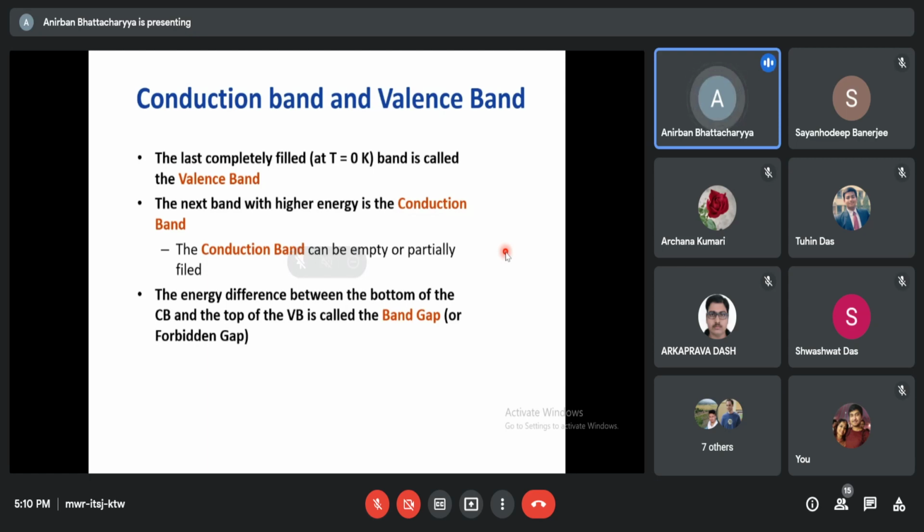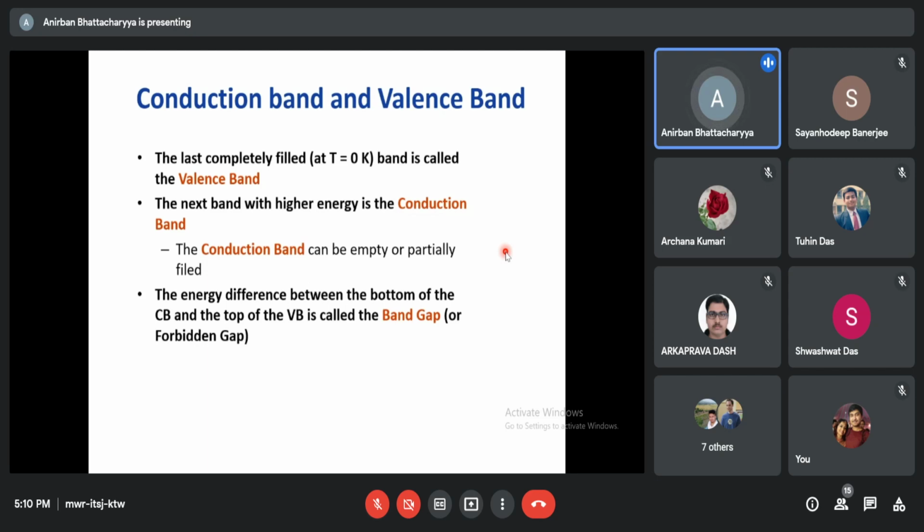Now, what happens when the topmost state is completely empty? Then you have the gap, right? Now electrons will have to jump from the valence band to the conduction band, and that means they have to overcome this energy gap.